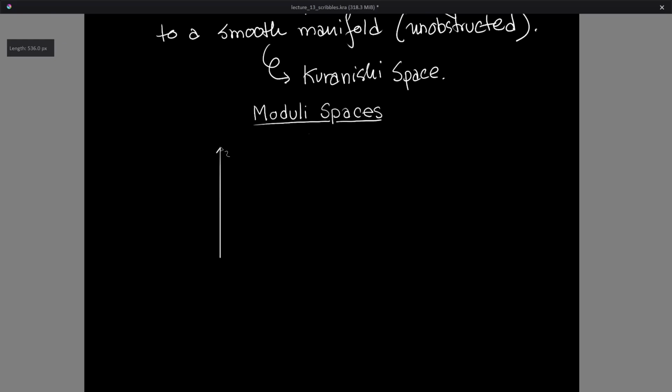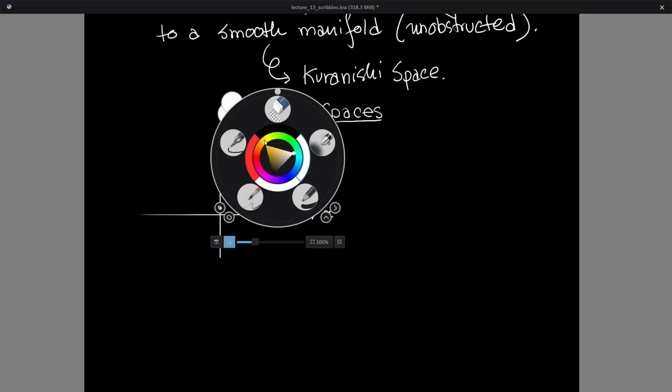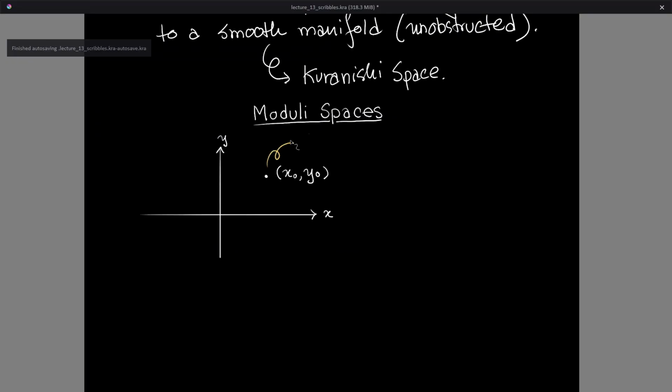Well, let's visualize it as a space of 2D points, right? Let's say that that's x and that's y. Then any point here is a point (x0, y0), right? Let's say that each of these points represents an object, in this case a geometrical object.